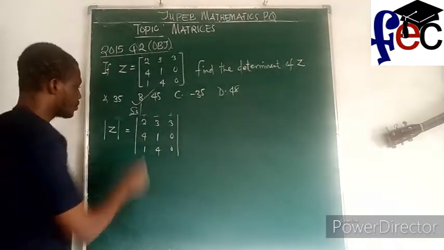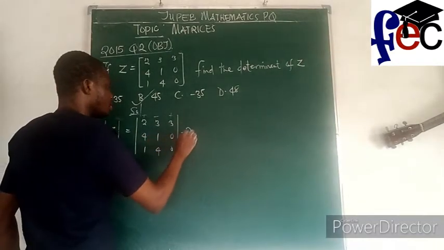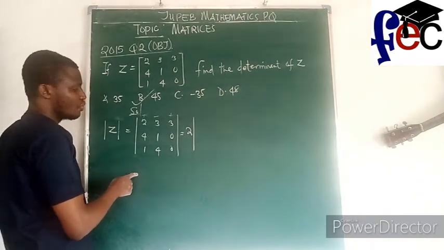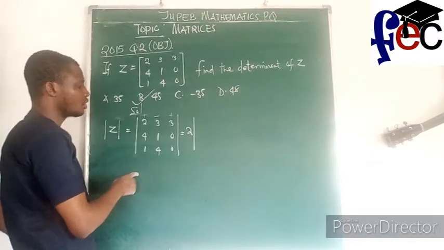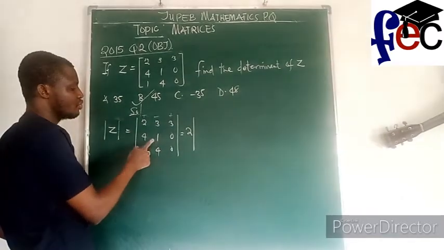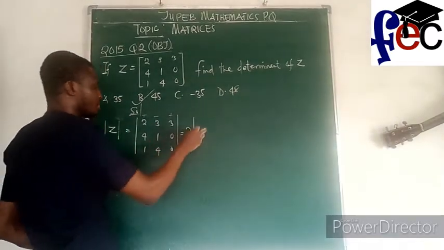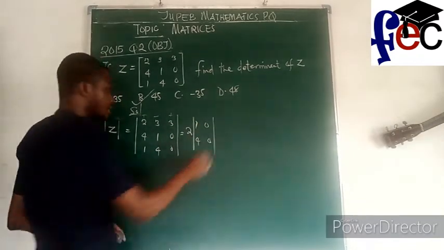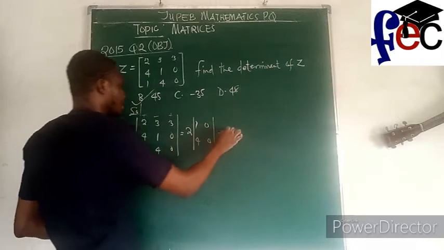Alright, so we pick this 2 multiplied by the cofactor. So what element do you see when you close up the row and the column of 2? You see 1, 0, 4, 0. Alright, then you have minus, then you have 3.